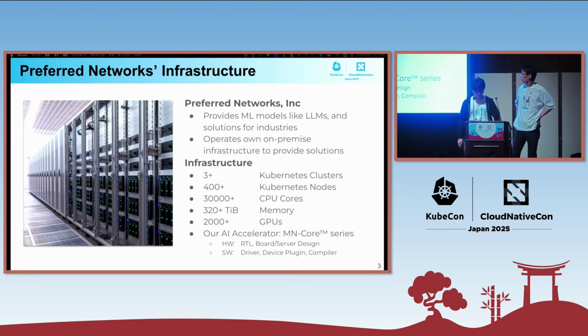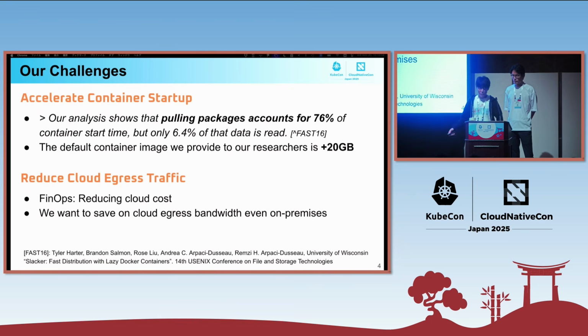In total, there are more than 400 Kubernetes nodes with 30,000 CPU cores, 300 terabytes of memory, and 2,000 GPUs. Also, we've developed and are operating our own AI accelerator called MN-Core. We handle almost everything with our AI chips, from RTL to board designs, drivers, of course Kubernetes device plugins, and graph compiler.